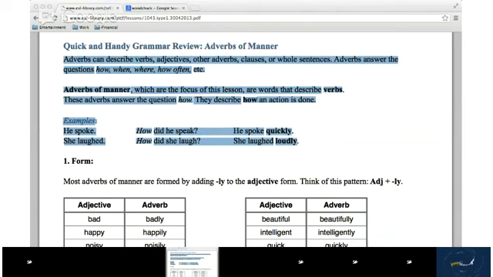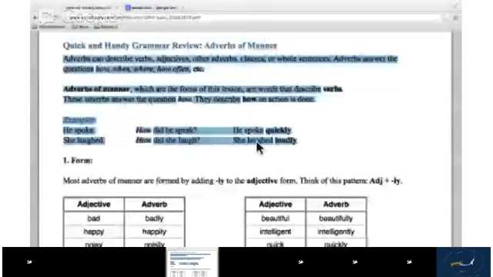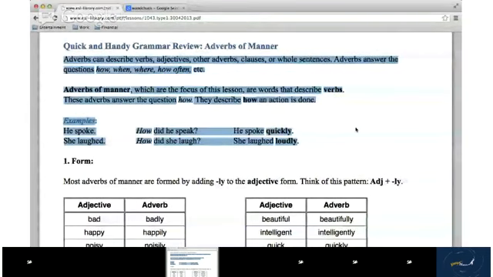Adverbs can describe verbs, adjectives, other adverbs, clauses or whole sentences. Adverbs answer a question: how, when, where, how often, etc. Adverbs of manner, which are the focus of this lesson, are words that describe verbs.